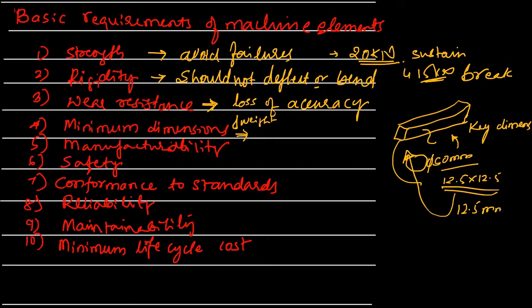If it is more, weight is going to increase, and automatically cost is going to increase. So the machine element should be of minimum dimensions and minimum weight.